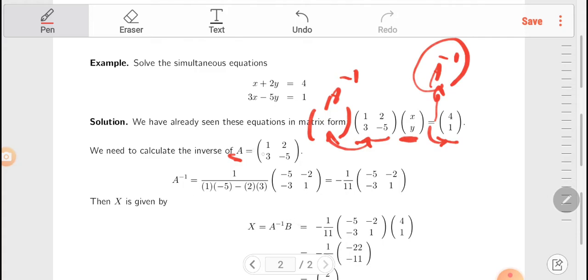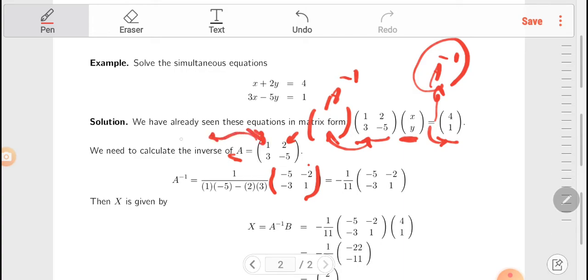The inverse of the matrix has the same style. 1, negative 5 becomes negative 5 and 1. And the other column becomes the same members in the other position with negative signs, negative 2 and negative 3. Multiplied by what?